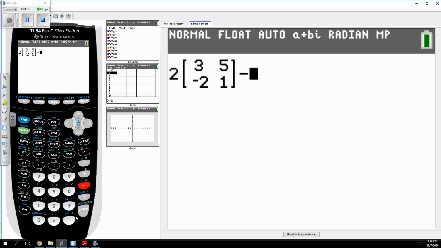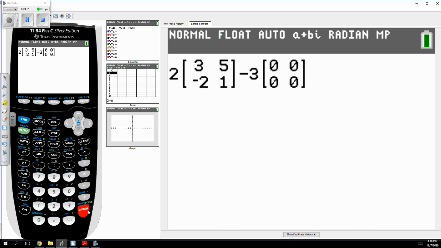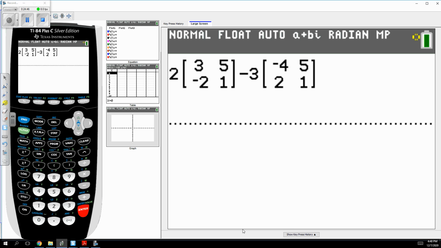Minus 3, and again, all I got to do is hit alpha 3 and type it in. It's kind of fast that way. When it's a 2 by 2, it's waiting for me. So there you go. A perfect example of how to use matrix. It gives you the answer, which is the first choice, F. Gotta love it.